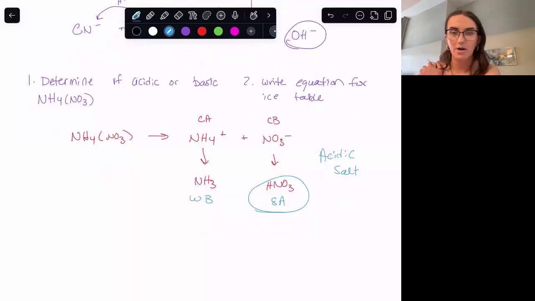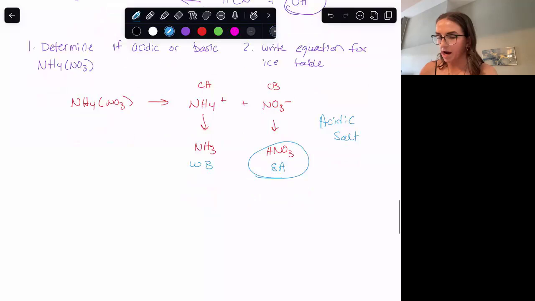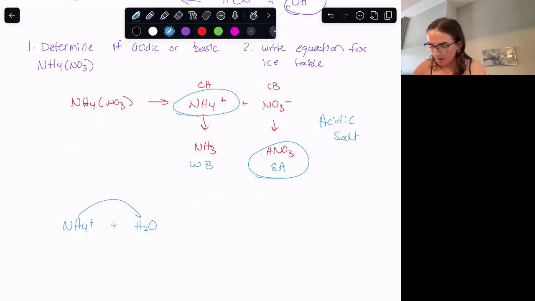Okay, any questions on how that analytic salt works? All right, so then now we're going to take our thing that is weak, our NH4 plus. And that plus means that we have an extra H plus ion.